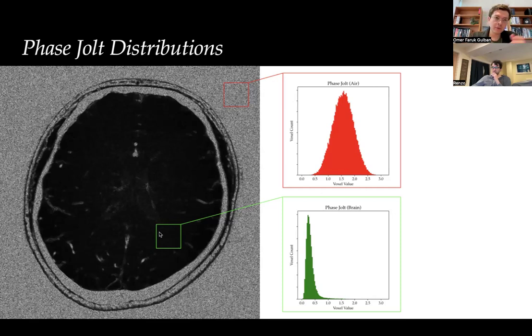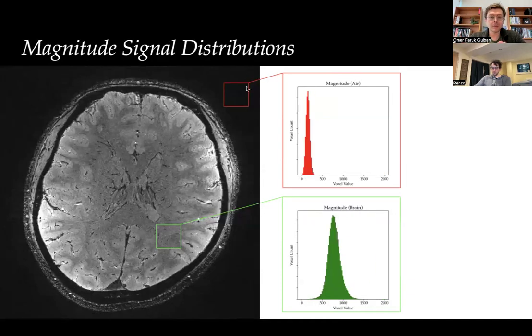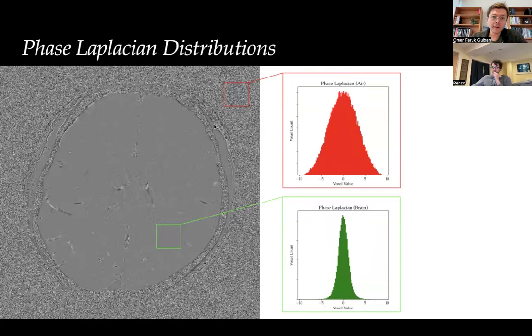In the white matter area, high signal area, it is actually close to 0. So I hope that you can see that there is some duality between the magnitude image that we measure at the high SNR, low SNR regions of the image, and what type of numbers voxels measure there, and the phase jolt. Whereas in Laplacian, this is rather different.